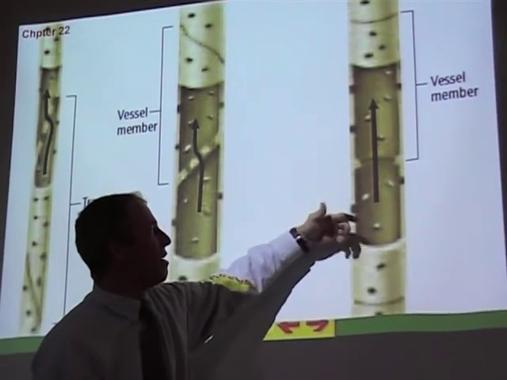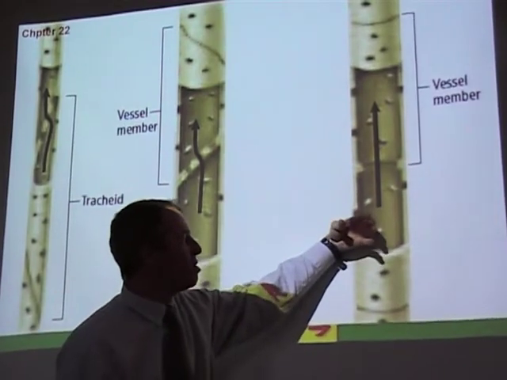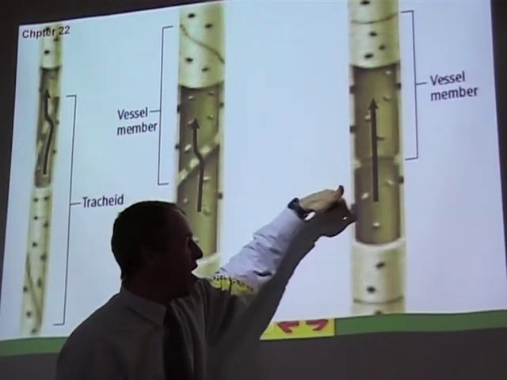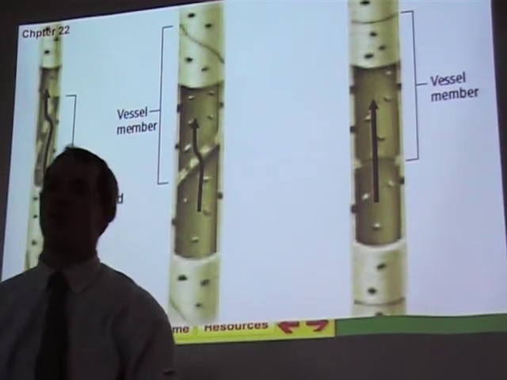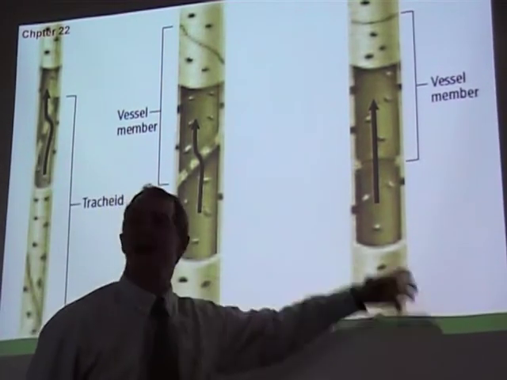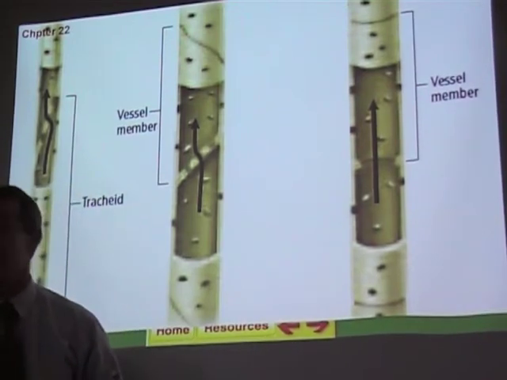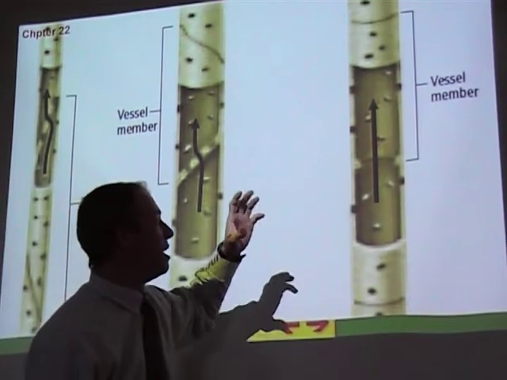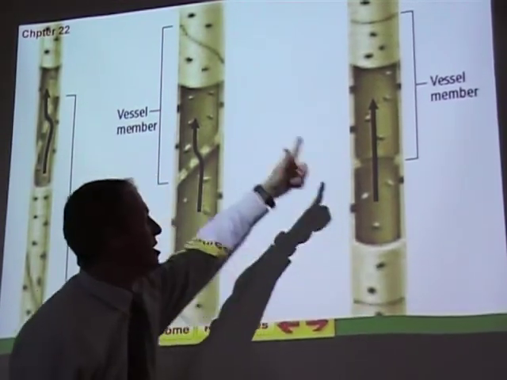This is called a vessel member. A vessel member is an open tube. It's surrounded by cells that are parenchyma or sclerenchyma, tough cells usually. And these are open tubes that transport water. Water can move up and down these tubes.